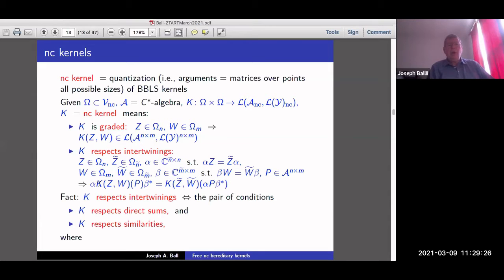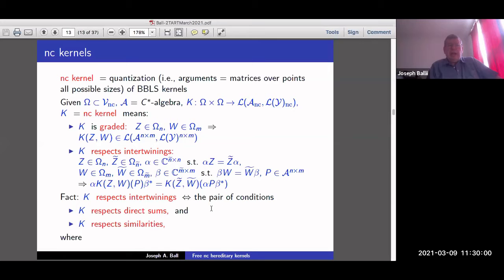The alpha pulls in, goes past the z, turns into z tilde, and hits the P. Then the beta star goes into w, goes past, turns w into w tilde, and then it comes out on the other side of the P. So it's actually the same if you introduce adjoints, as I will in a minute.